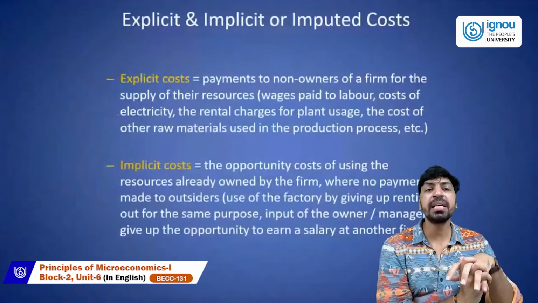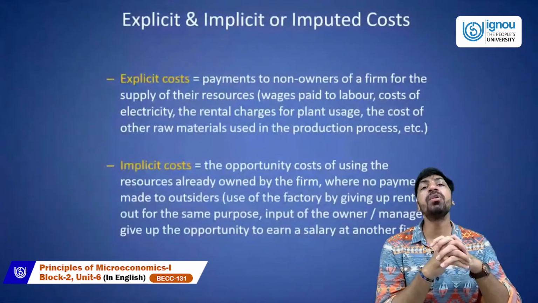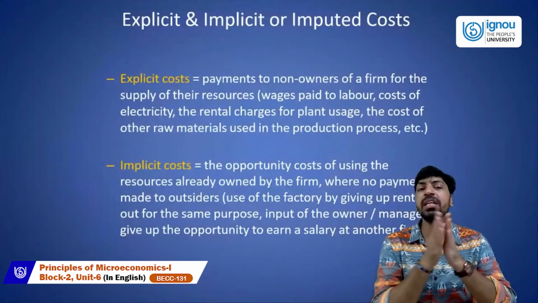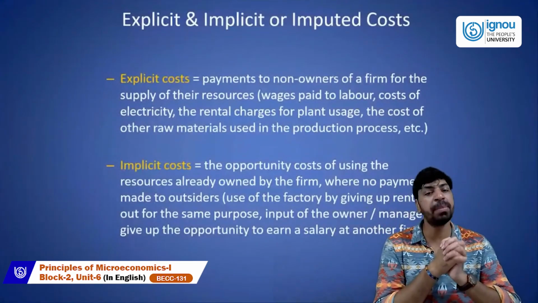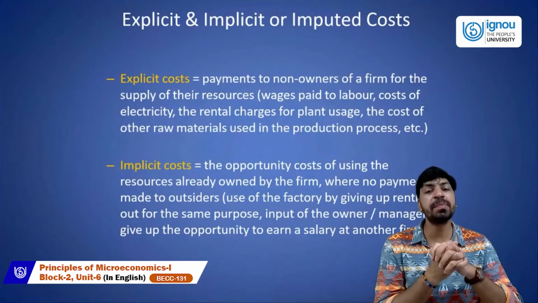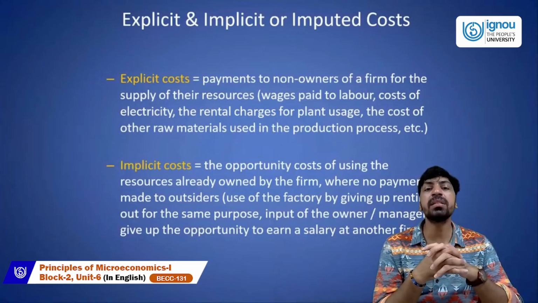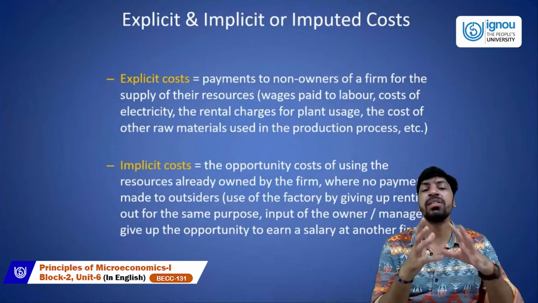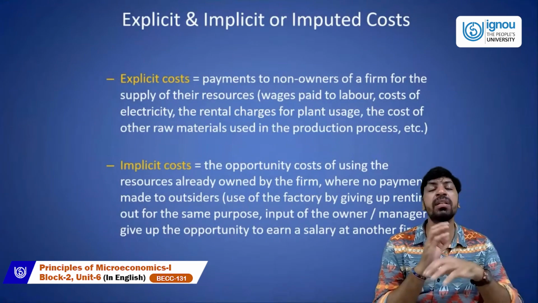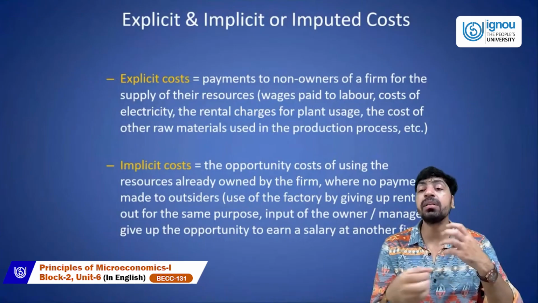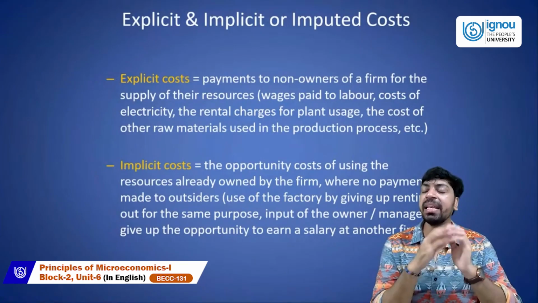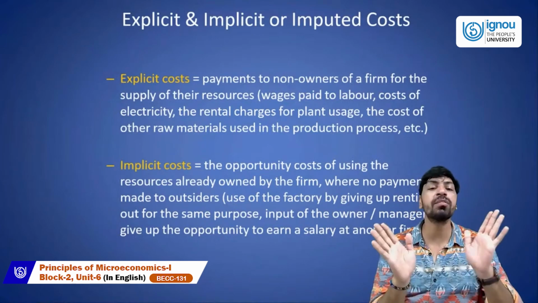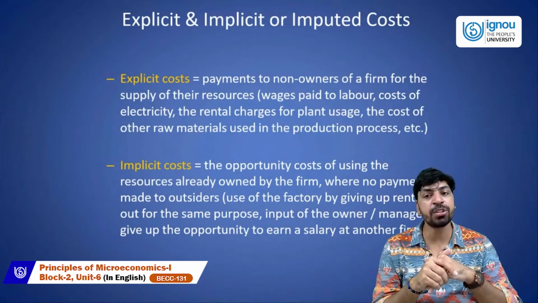Next one is explicit and implicit or imputed cost. When we talk about the imputed cost, it's a combination of both explicit and implicit. Explicit costs are payments made to parties outside the firm. For example, in the supply of resources: the wages paid to labor, the cost of electricity, any rental charges for plant usage, or the cost of raw material for the production process.